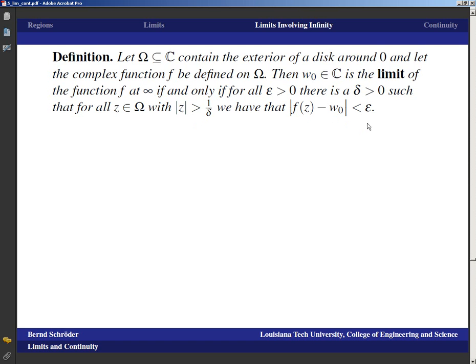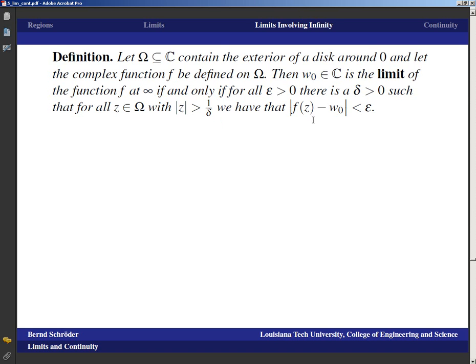So it's the same hierarchy as before, and the repetition will also help us remember the definition. Anything that involves limits typically is: for all epsilon greater than 0, there is a delta greater than 0, so that the following happens. And here, what do we want? We want large z, so z greater than 1 over delta, where epsilon and delta are both considered small, so going with z absolute value greater than 1 over delta just means that we're getting rather large there.